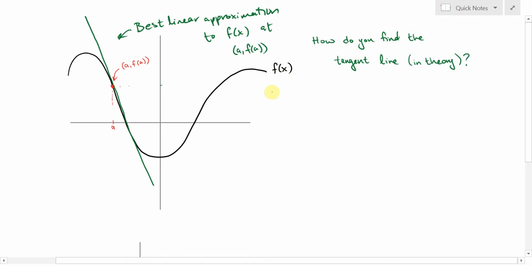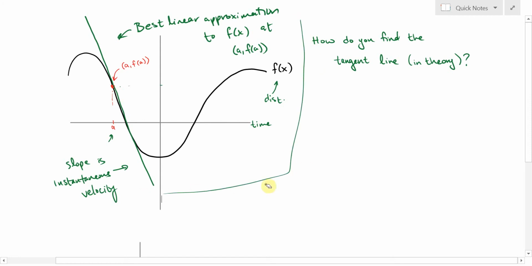And if f of x represents the distance and the x-axis represents time, then the slope of this line is the instantaneous velocity. So it's the velocity that you're traveling at that instant in time. Here it looks like it would be some very large negative value. So for that value of t equals a, that would mean that you're running backwards pretty darn fast.